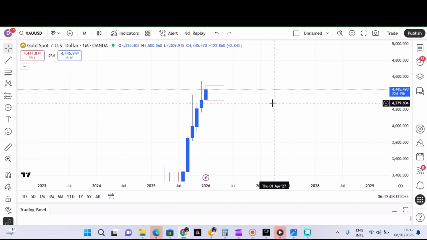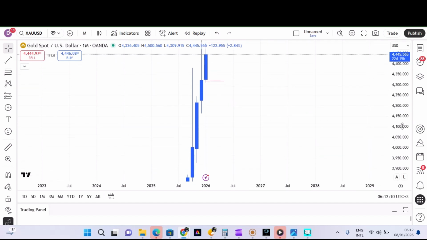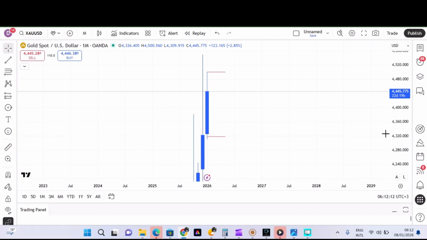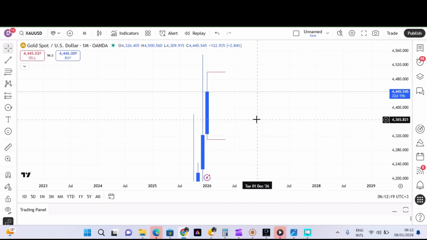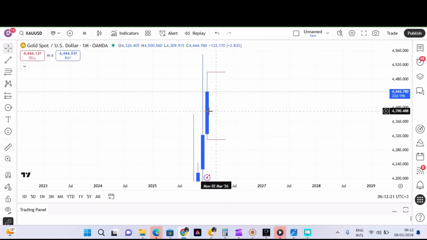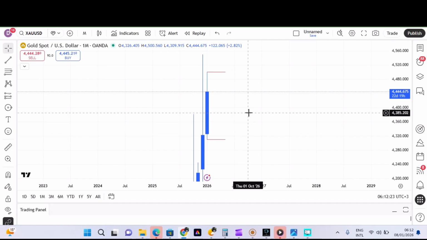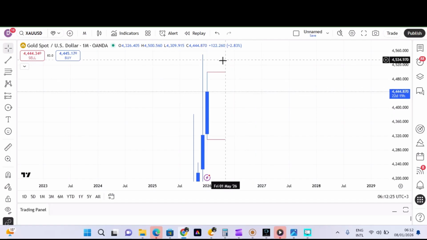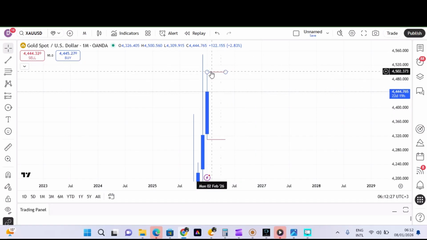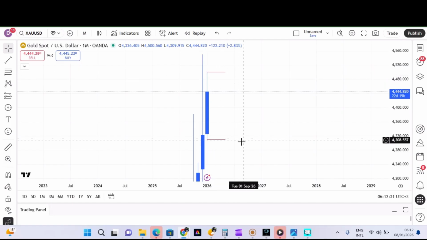So the lowest point of the gold market, if I expand this candlestick, good, let's just put the lowest point. So this is our monthly candlestick and we have marked the highest price the market has gone this month, and the lowest price the market has gone.